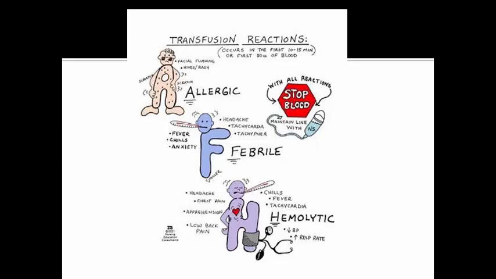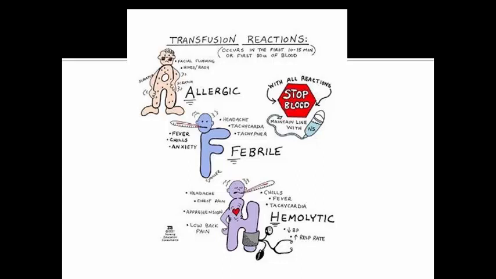But if you do, there are 3 different types of allergic or transfusion reactions. So the first one is allergic reaction. This will present much like an allergic reaction. They'll have facial flushing, hives, rash, and itching, terrible itching. Right? For febrile, they'll spike a fever. They'll have chills, anxiety, tachypnea, tachycardia, and headaches.